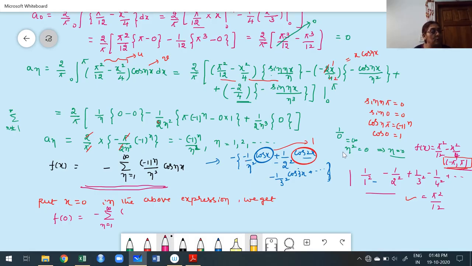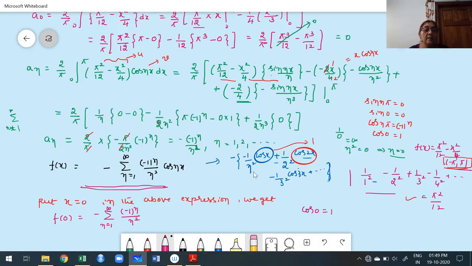Observe, suppose we put x is equal to 0. Now we get minus 1 to the power of n divided by n square. Cos 0 is 1. You already know that. What's the cos 0 value? The cos 0 is 1.